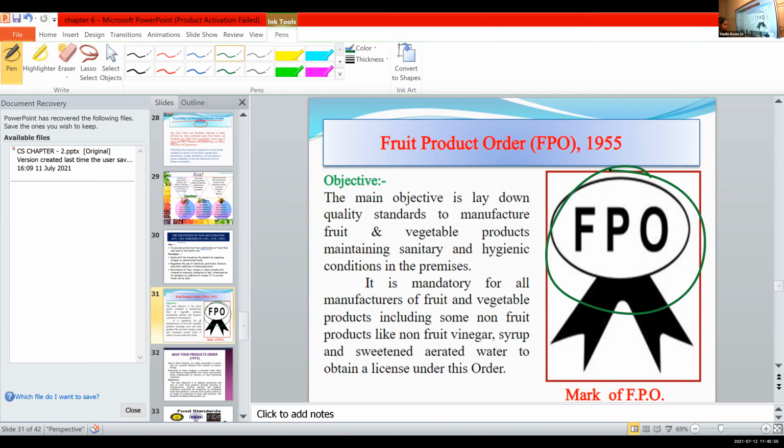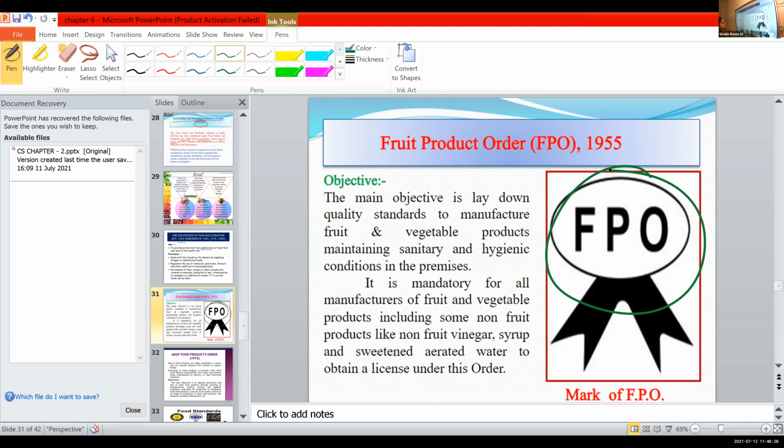Clear? So we get an FPO license from our ministry. Then only can you start the food processing industry here in India. So this FPO is the license we need to start a food processing industry in India. The processed fruit products are the jams, squashes, everything like that. Anything manufactured from a fruit comes under this FPO Act.